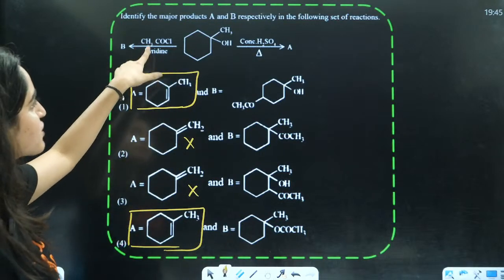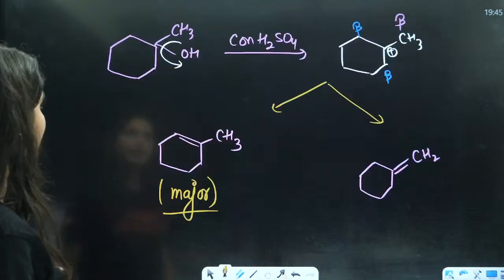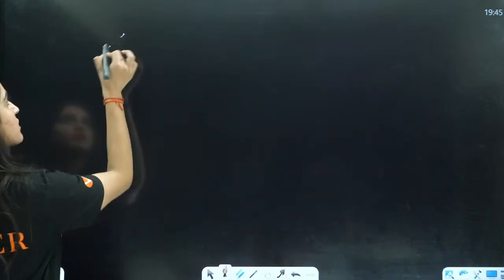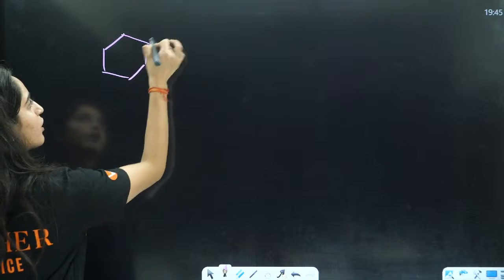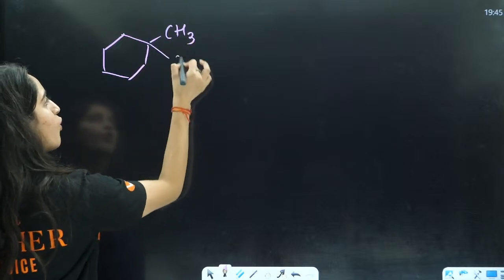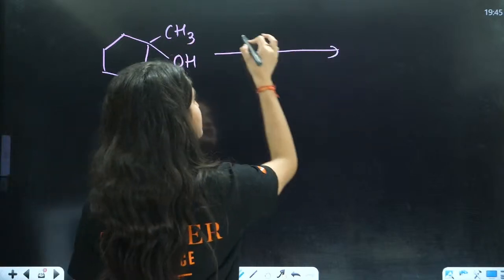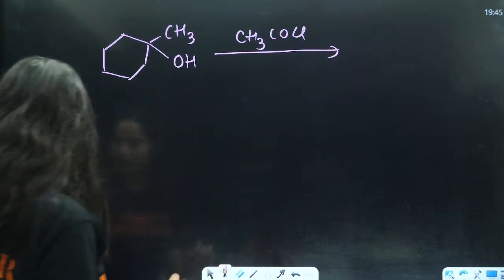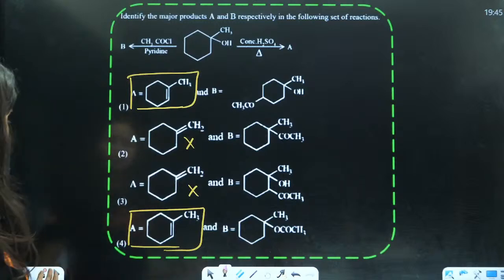The second is talking about B. Now you have CH3COCl. The reaction is of CH3OH with CH3COCl, right, in the presence of pyridine.